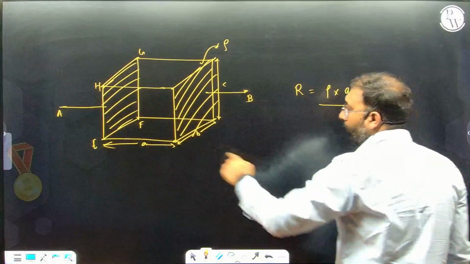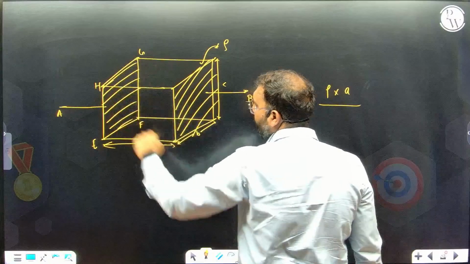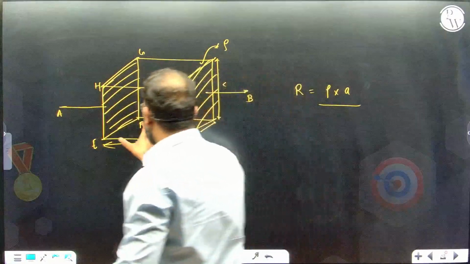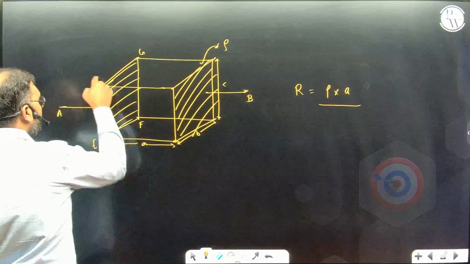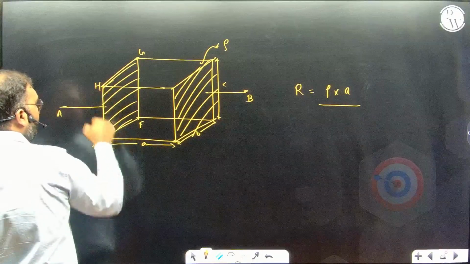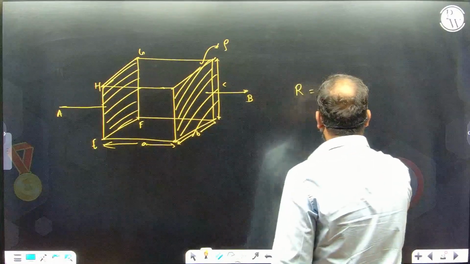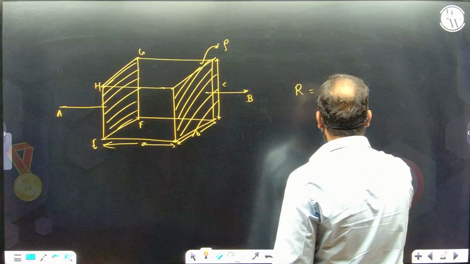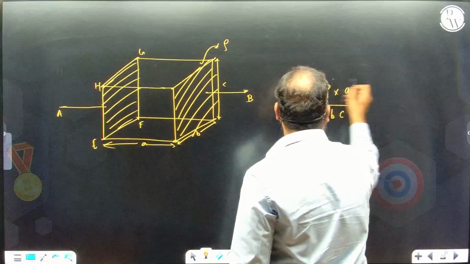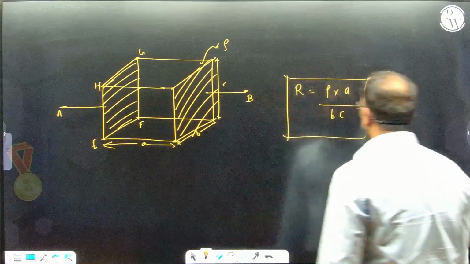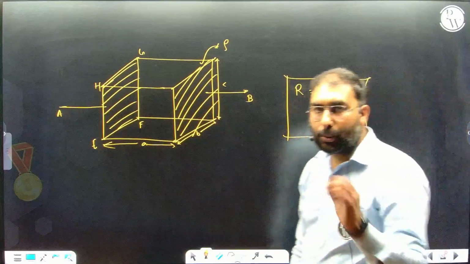So this length is B and this length is C. So the area of E, F, G, H will be B into C. So the resistance between the points A and B is rho A upon B into C.